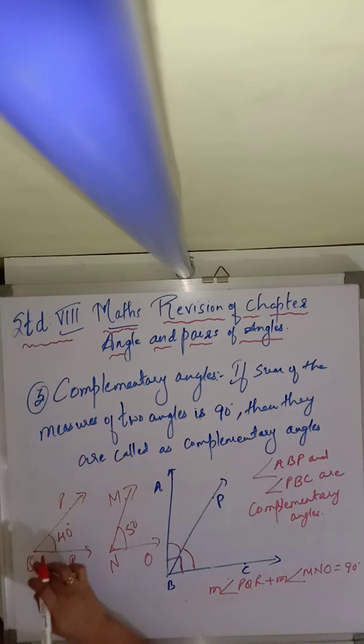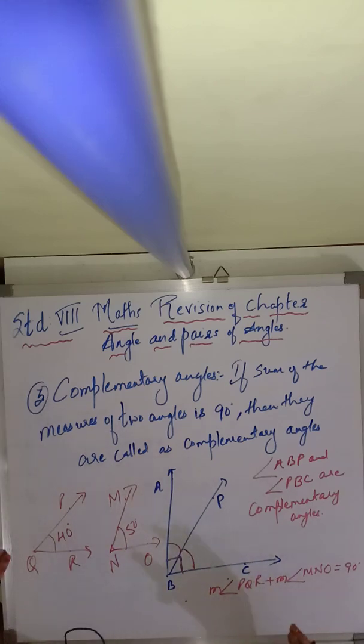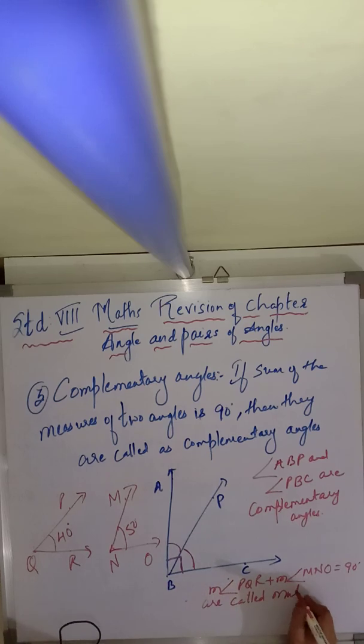So angle PQR and angle MNO are mutually complementary angles.